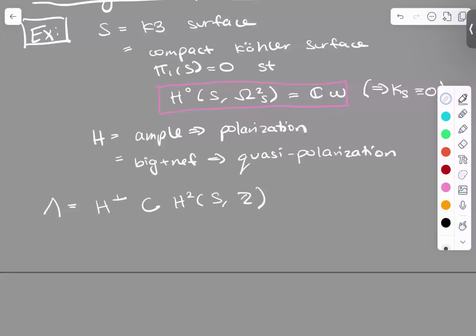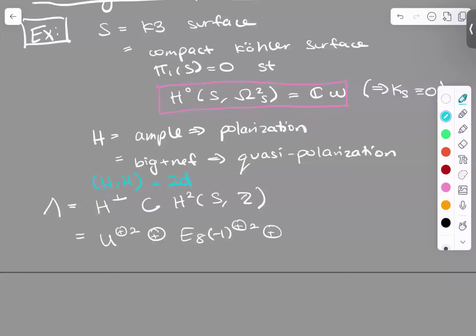In this K3 setting, this lattice lambda looks like 2 copies of U plus 2 copies of the E8 lattice plus, I'm going to require, so if I have this chosen polarization or quasi-polarization H, and I consider its intersection with itself using this quadratic form, this will be some even number, which I'll denote 2D.